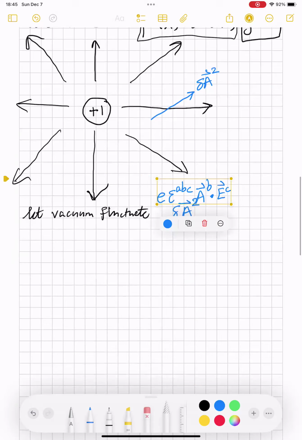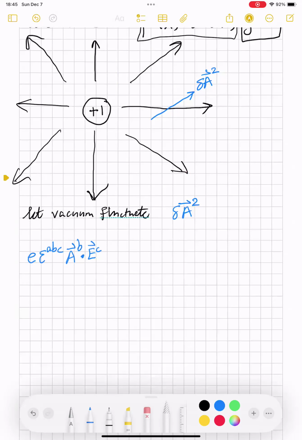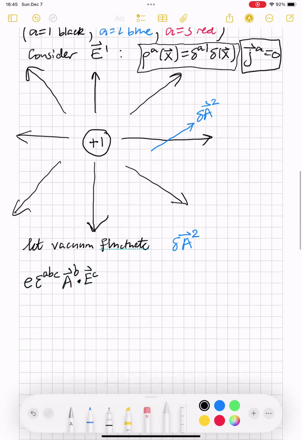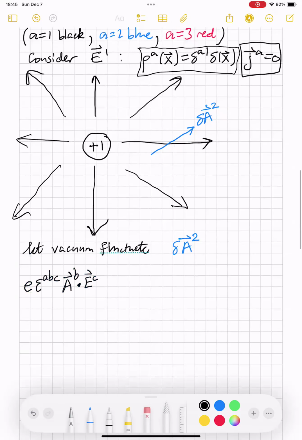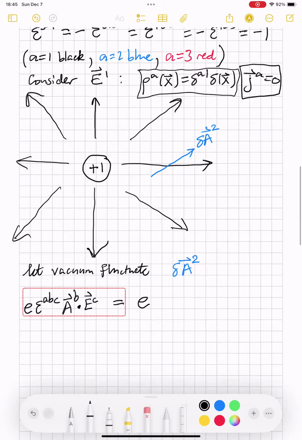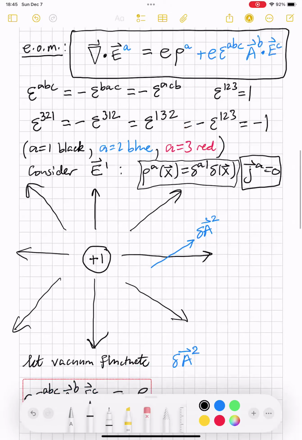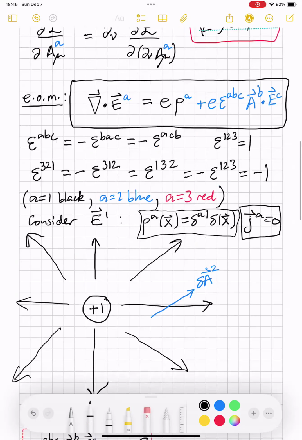What do we want to describe with this nonlinear term? Well, we want to describe this fluctuation, the delta A2, with this E1 field. So what do we get? We will have this E sitting here.